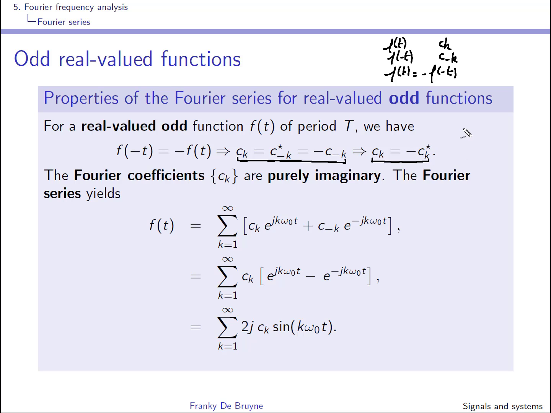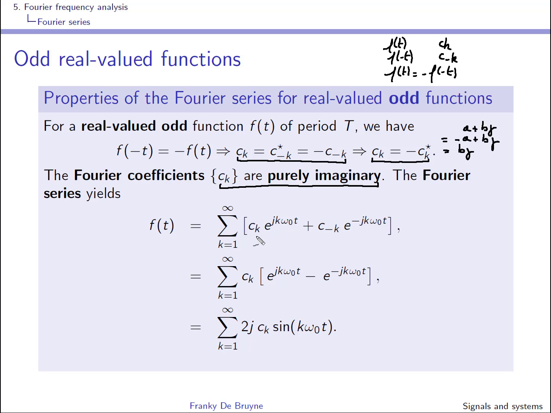So if ck is a complex number a + bj, minus its complex conjugate will be -a + bj, right? And if these two are equal, this means that this is equal to bj, so that the real part is 0, and now the Fourier coefficients are purely imaginary.